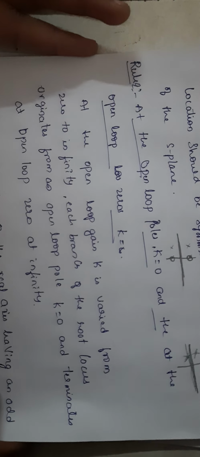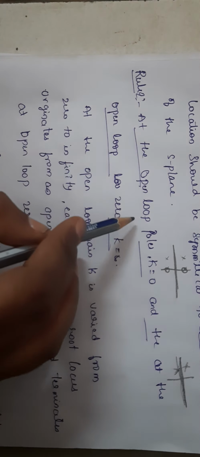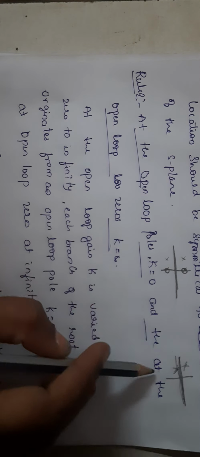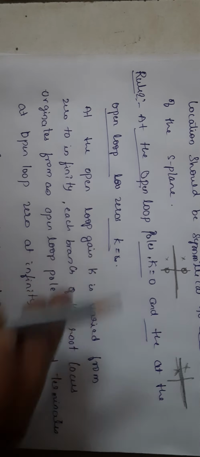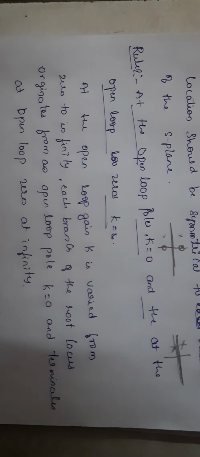Okay, now rule number 2: at the open loop poles, k equals 0, and at the open loop zeros, k is equal to infinity. The value of k will be varied from 0 to infinity.